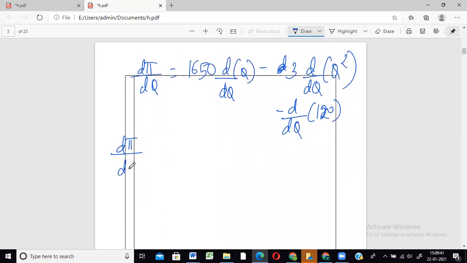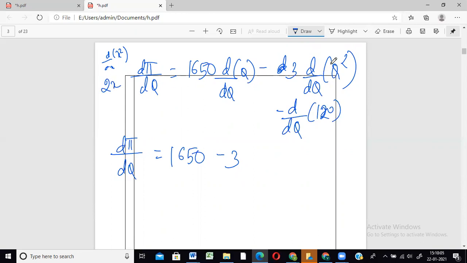d pi by dq is equal to 1650. This is what? 1, correct? Because we're derivating something with respect to itself. So that's 1 minus 3 into d by dq of q square. Now just as we write d by dx of x square, this is the same as d by dq of q square. So what is the answer? When you derivate x square with respect to x, you get the derivative 2x, correct?